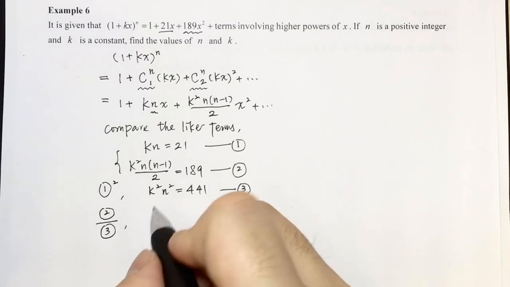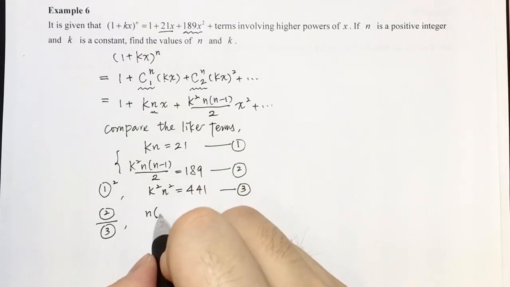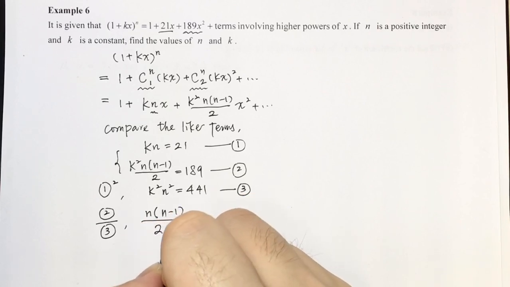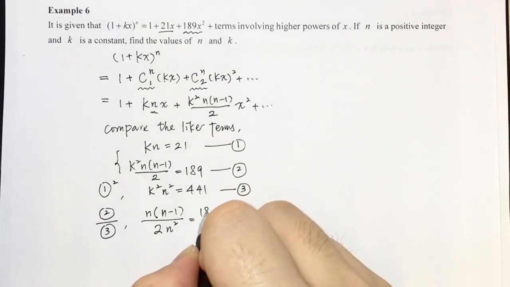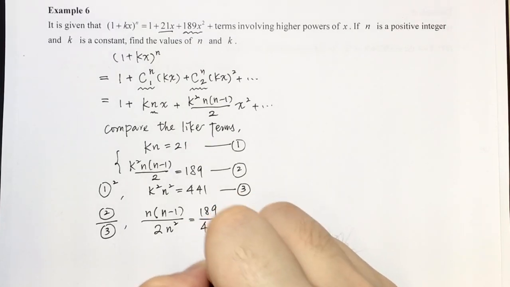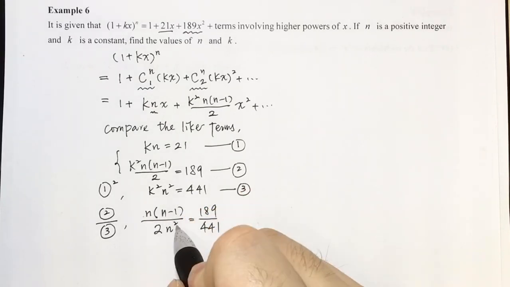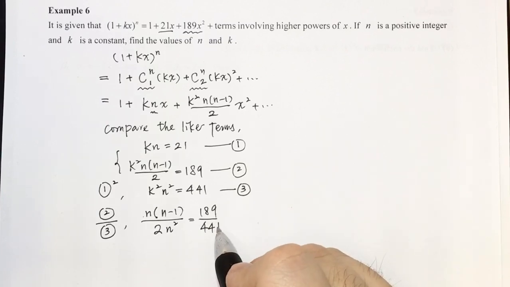So by division, you will have n times n minus 1 over 2n squared. The k squared is gone. And 189 over 441. Note that k cannot be 0, n cannot be 0, so the n can be cancelled out for 1. So you will have 189 and 441 can be simplified as 3 over 7.